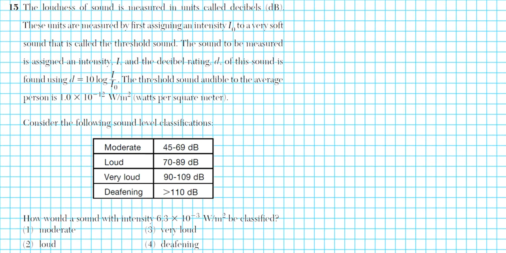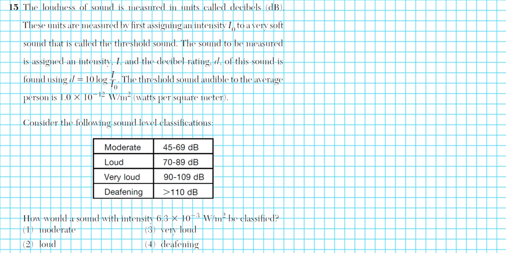It reads, the loudness of sound is measured in units called decibels. These units are measured by first assigning an intensity I sub 0 to a very soft sound that is called a threshold sound. The sound to be measured is assigned an intensity I, and the decibel rating D of the sound is found using the equation D equals 10 log the quotient of I and I sub 0.